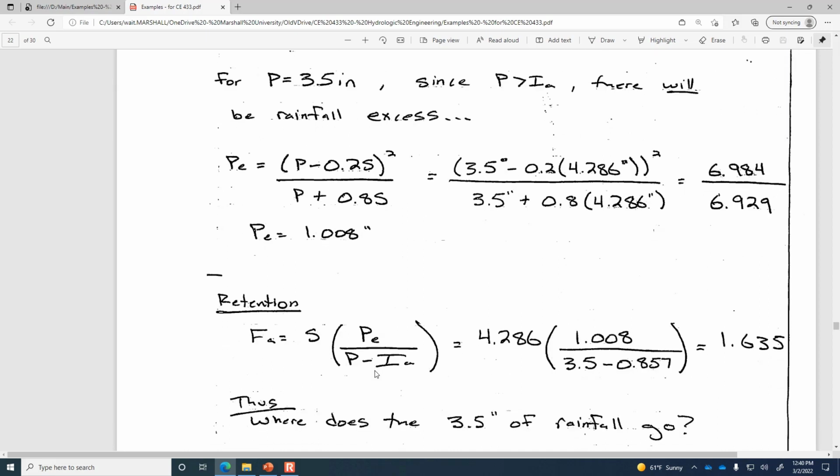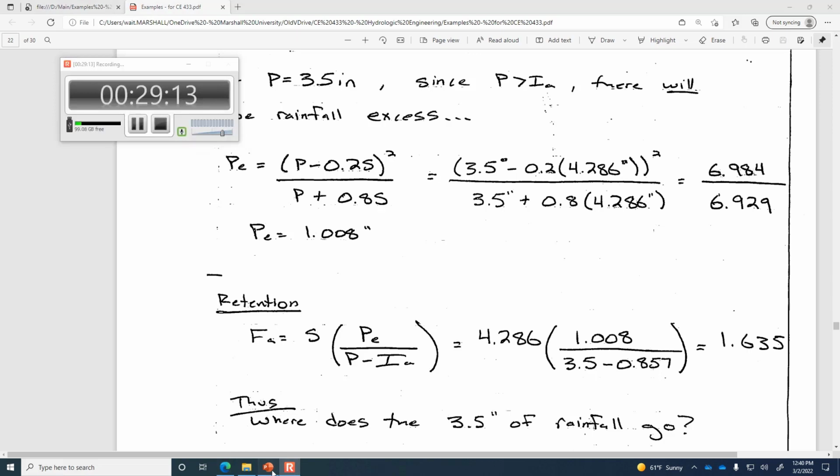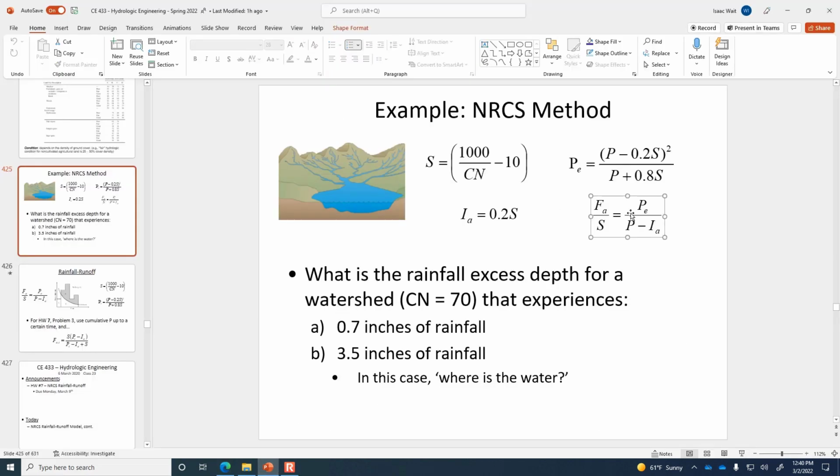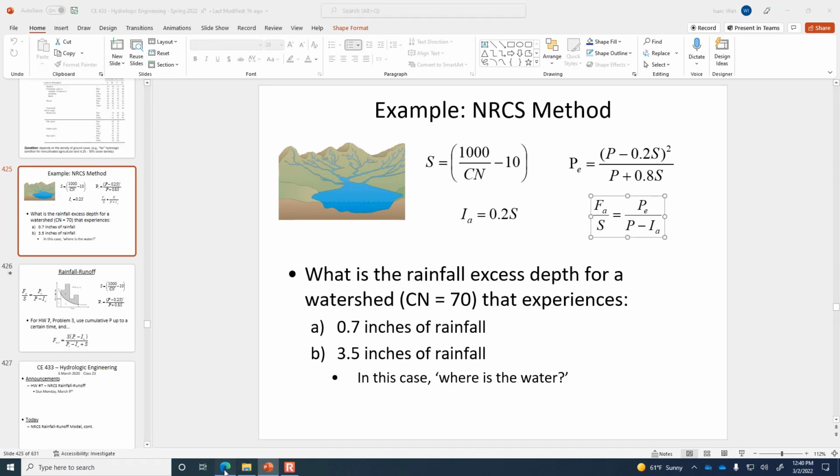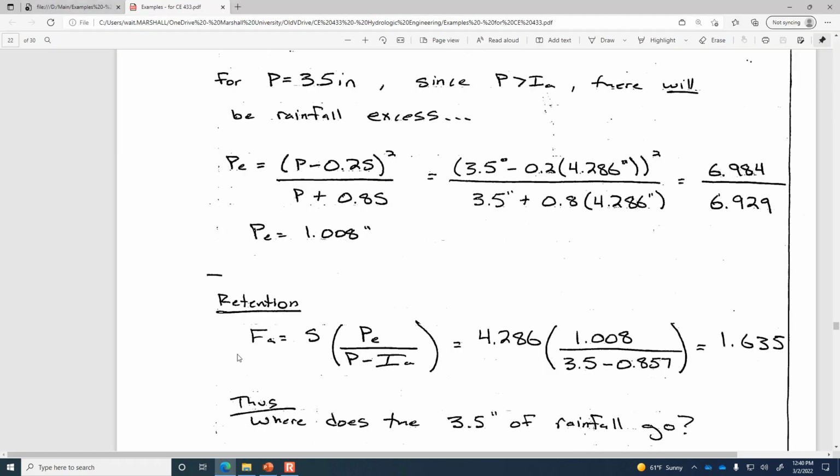And so if we look at where it's going, we can use this equation to calculate how much infiltration we expect to see. The infiltration quantity is the storage multiplied by the ratio of precipitation excess and the difference between precipitation and initial abstraction.